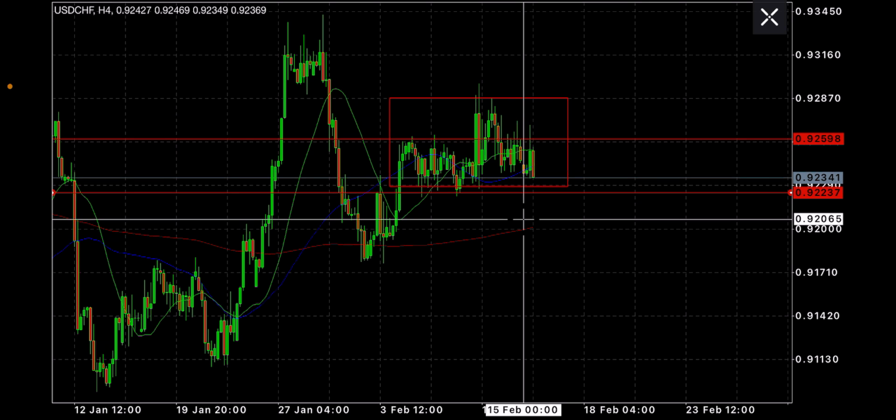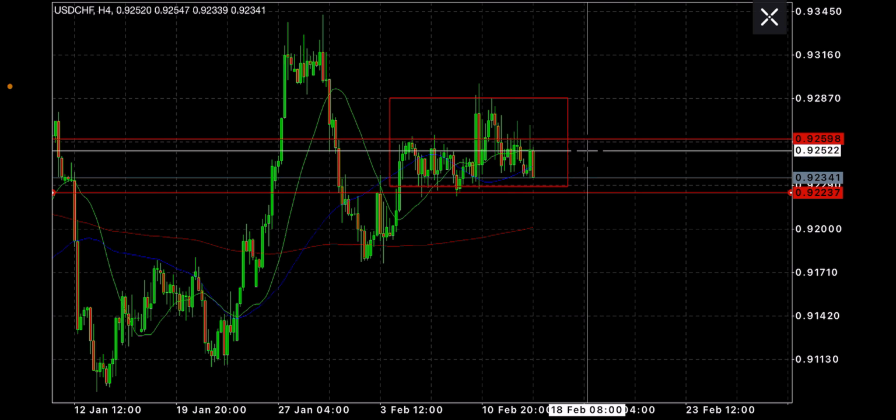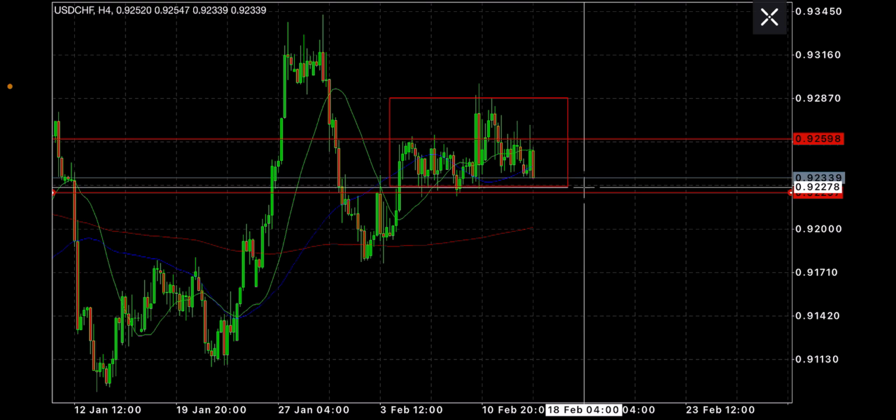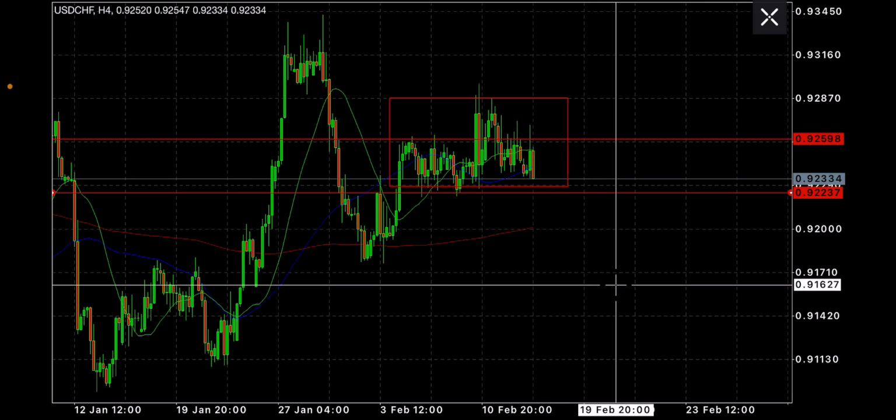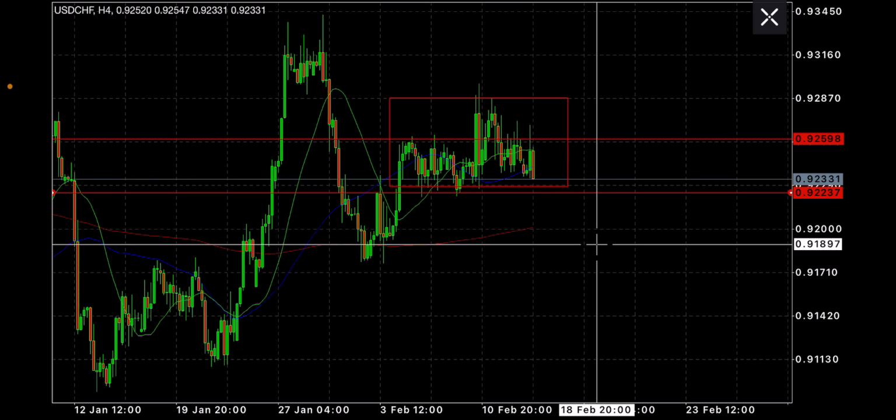If it does this, then I'm going to buy. If it does this, then I'm going to sell. You don't want to be handcuffed to one position, because that will have you opening trades, closing trades prematurely, or really messing up your account. So you always want to wait for the chart to tell you what to do, but you have to be able to identify these signs.